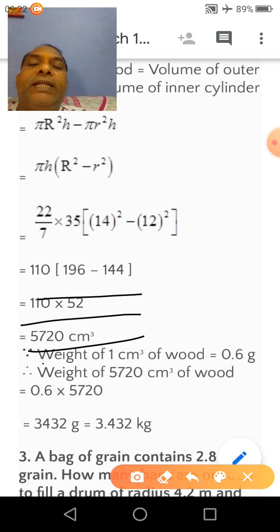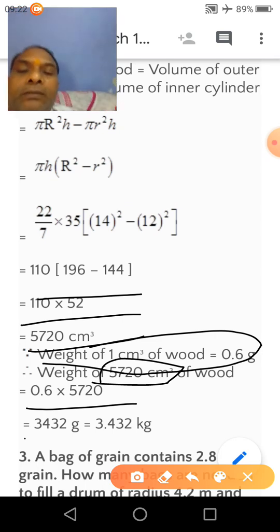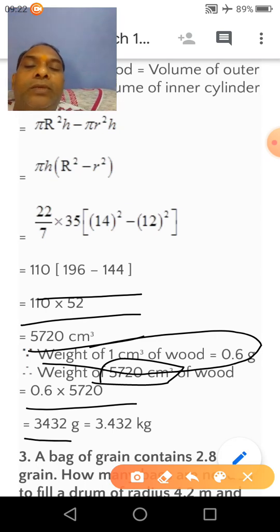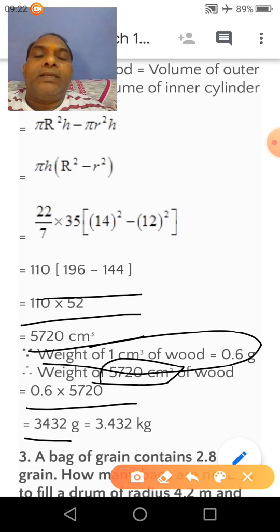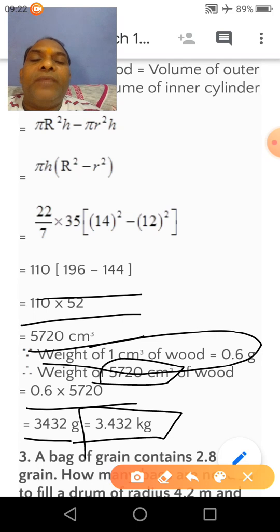It is given that weight of 1 centimeter cube of wood is 0.6 gram. So weight of 5720 centimeter cube of wood is equal to, multiplied by 0.6, equal to 3432 gram. Convert it into kg, divided by 1000, then 3.432 kg is the weight of the wood.